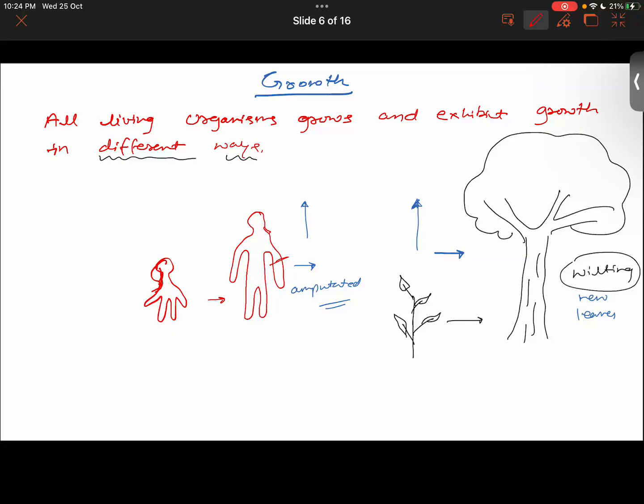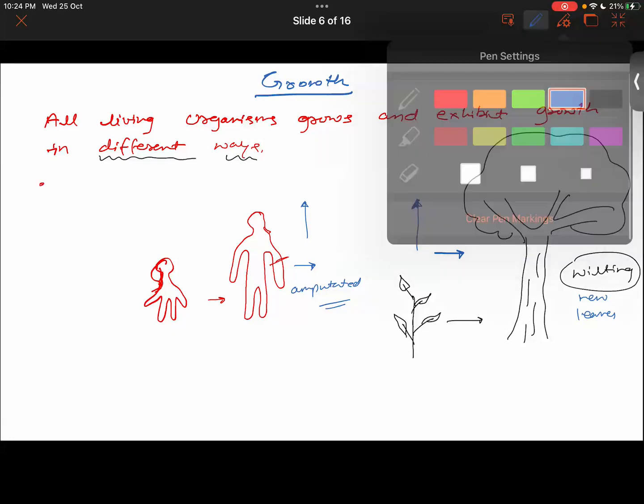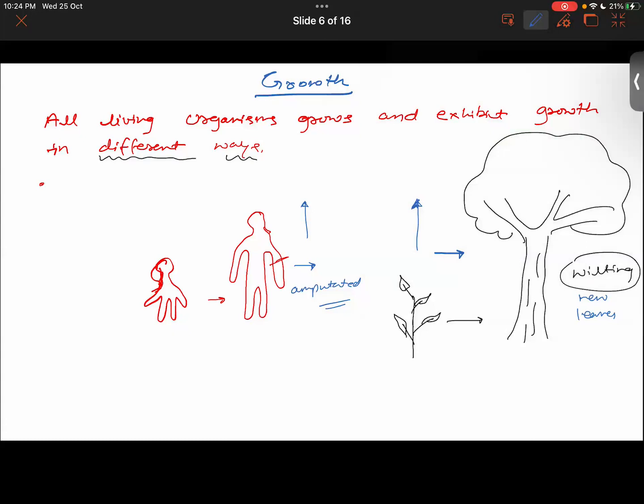One common thing about growth, whether I talk about this boy or this tree, is that they are made up of cells, right? And how did this boy actually grow?